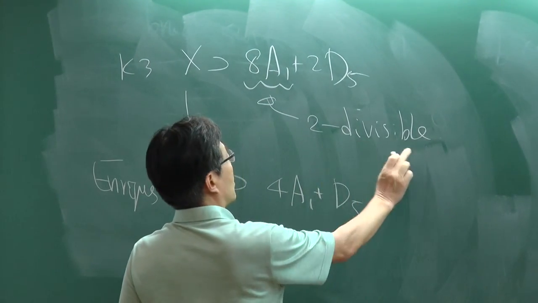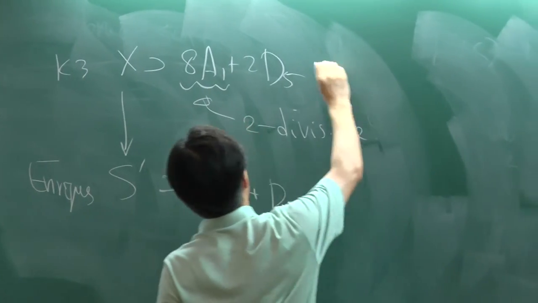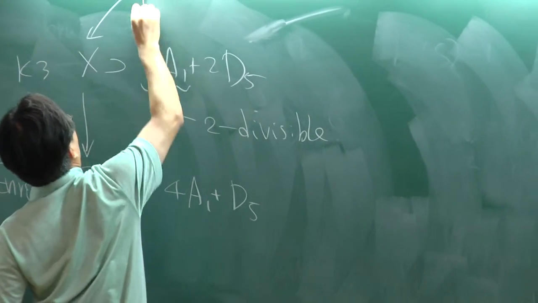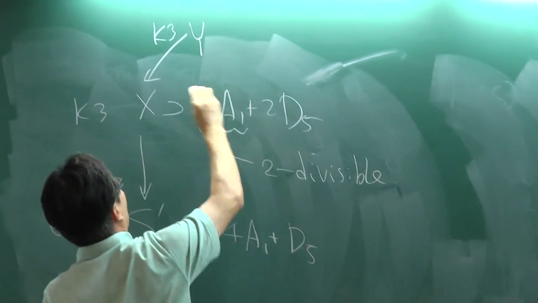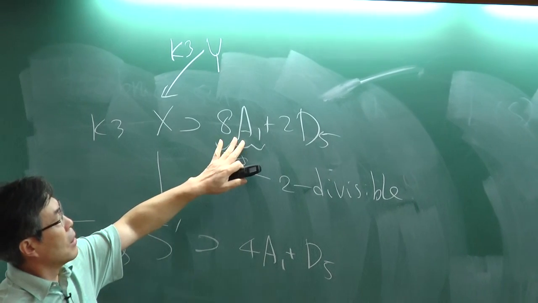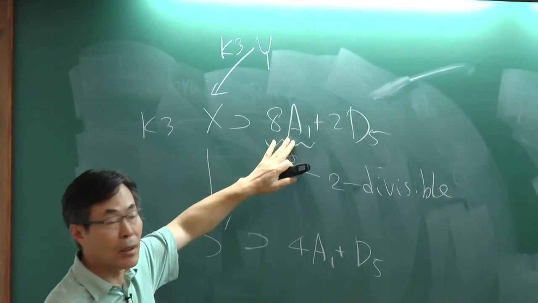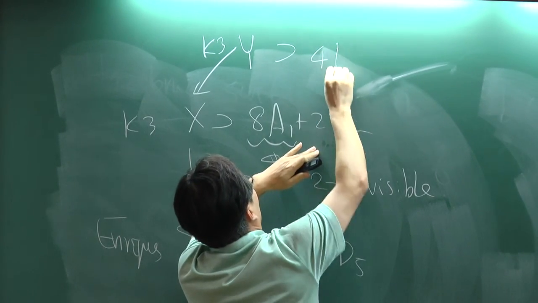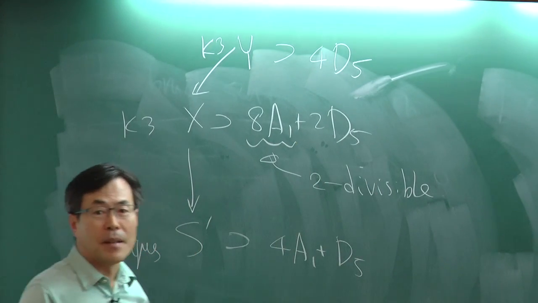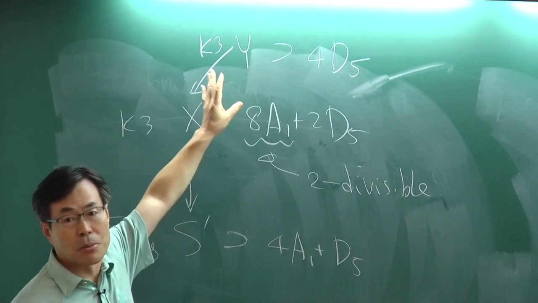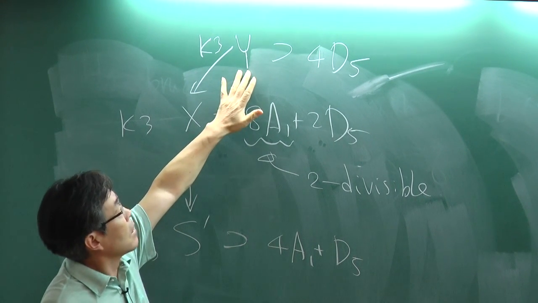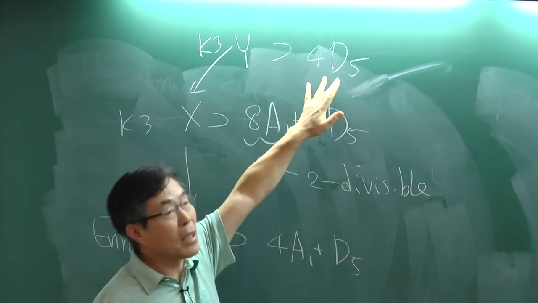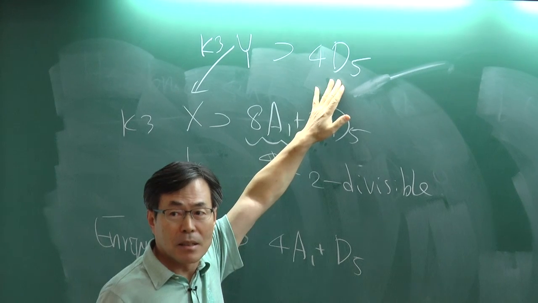And then you can take a double cover. You can take another K3 branched along these 8 smooth rational curves. And this other K3 contains 4 copies of D5. But this is already impossible, because the Picard number of a K3 is at most 20, but you have a negative definite lattice.